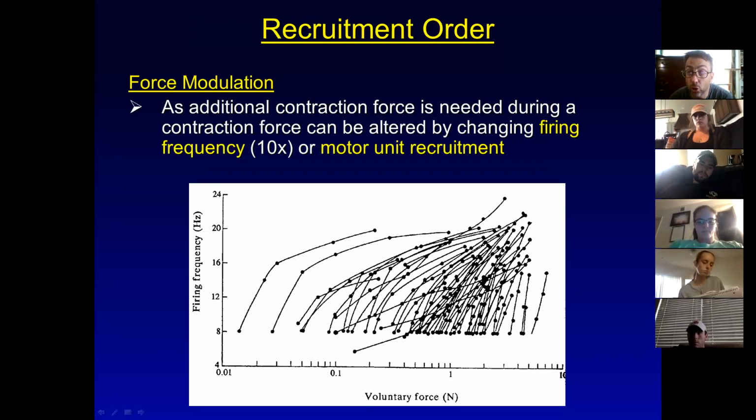So now we have two motor units that are on, but each of them is firing at a different rate, okay? The one that was recruited initially is firing at about 15 or 16 hertz, and the second one, when it is recruited, is going at about 8 hertz, okay? So one is on at a higher rate, and then we recruit a second one, but it starts off at a lower rate.